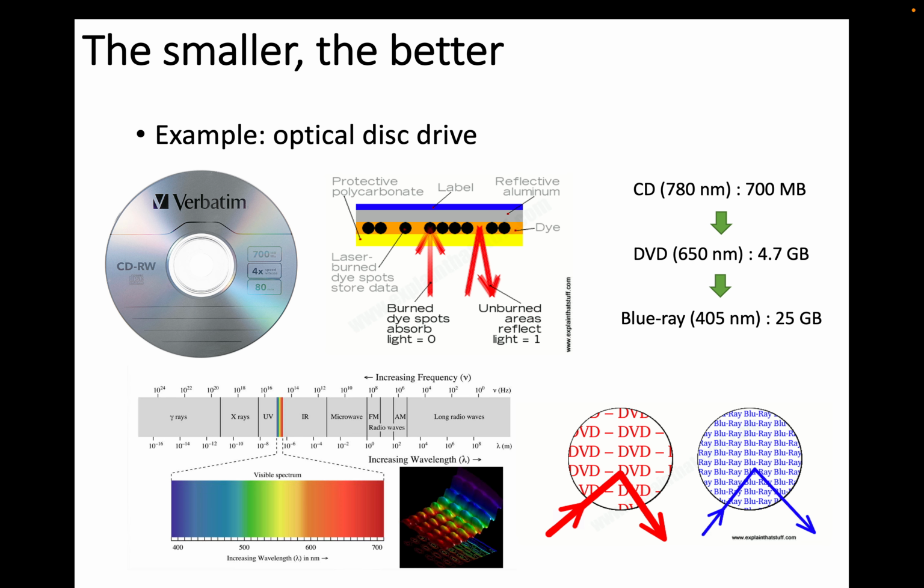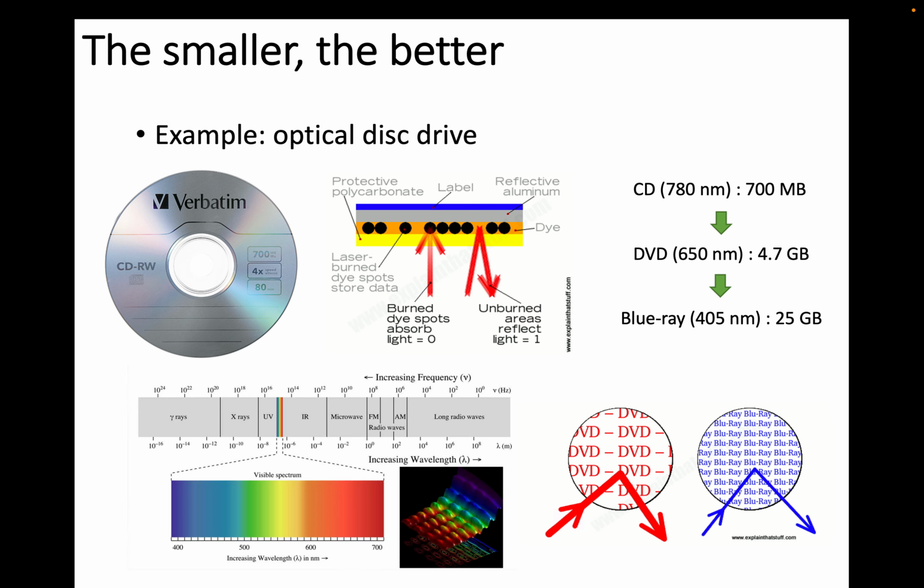In fact, this also applies to electronic devices. Over time, computers got faster and faster, and we also store more and more in the same size hard disk drive or solid state drive.